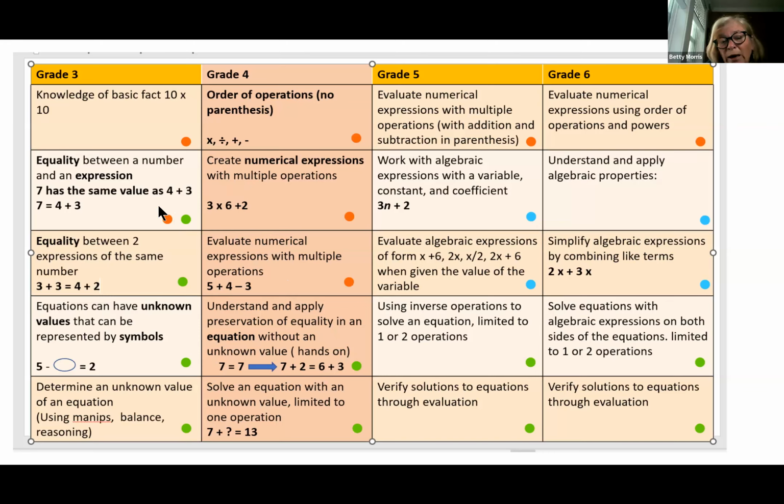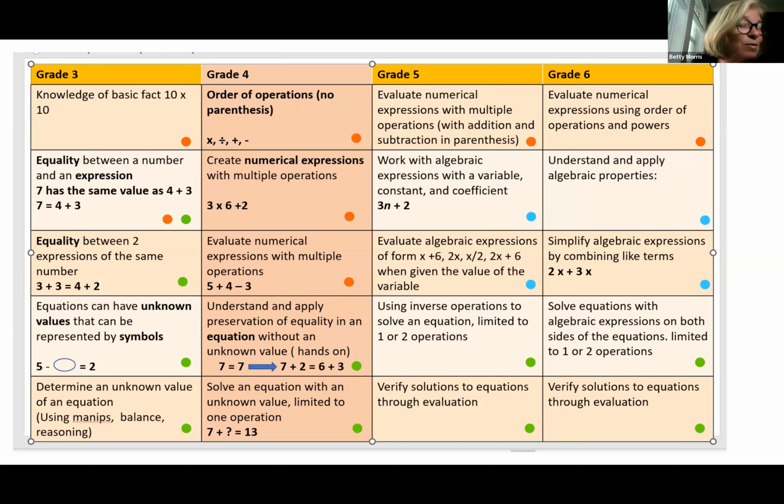And in grade 3, I did put it as orange because in grade 1, a teacher puts the number 12 on the whiteboard, or has the students put the number 12 on a piece of paper, and then they say, tell me all the ways that you can show me 12. And so they put 6 plus 6, 11 plus 1. They're already doing numerical expressions, even though the teacher doesn't say that.